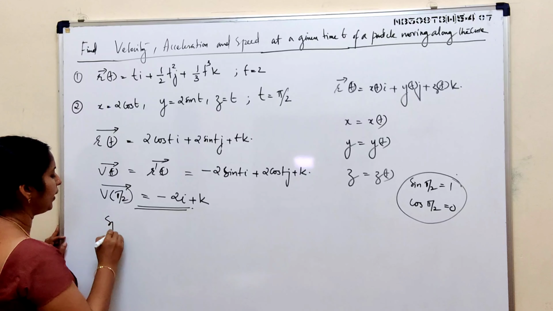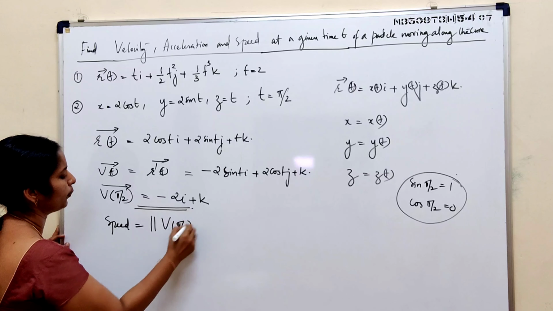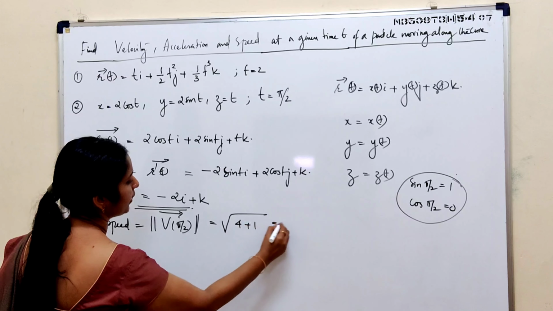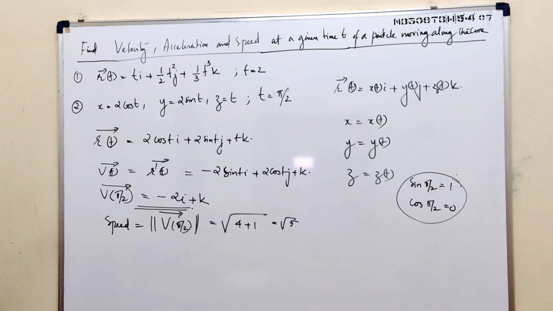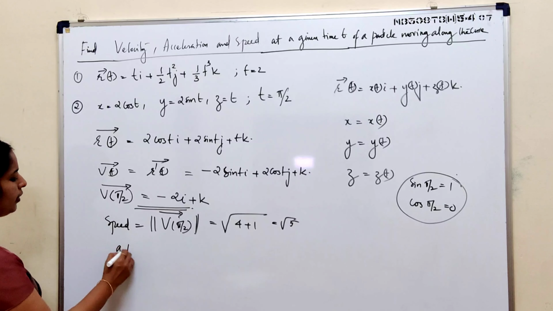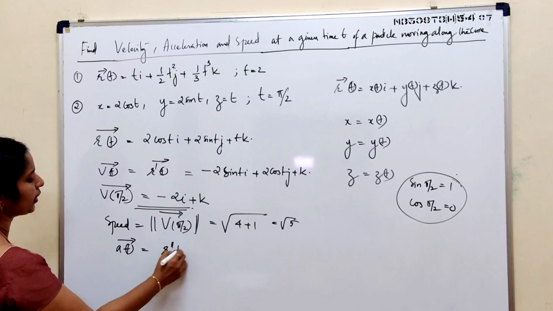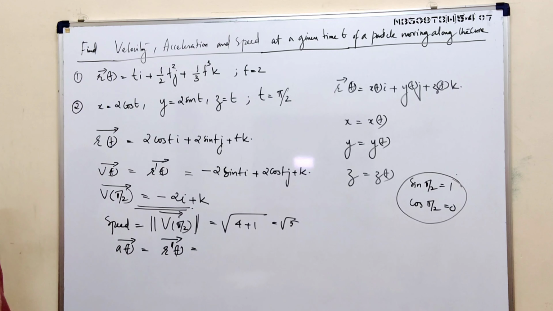So what is its speed? Speed is the norm of v(π/2), and it is the square root of 4 plus 1, that is root 5. Next we have to find acceleration. Acceleration is r''(t), or the derivative of the velocity.